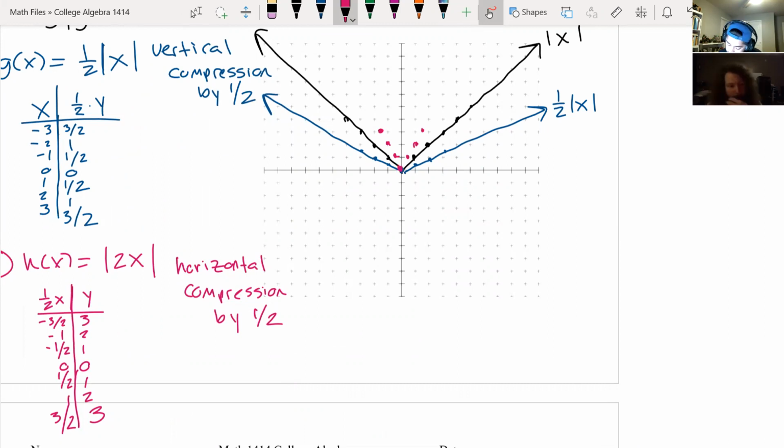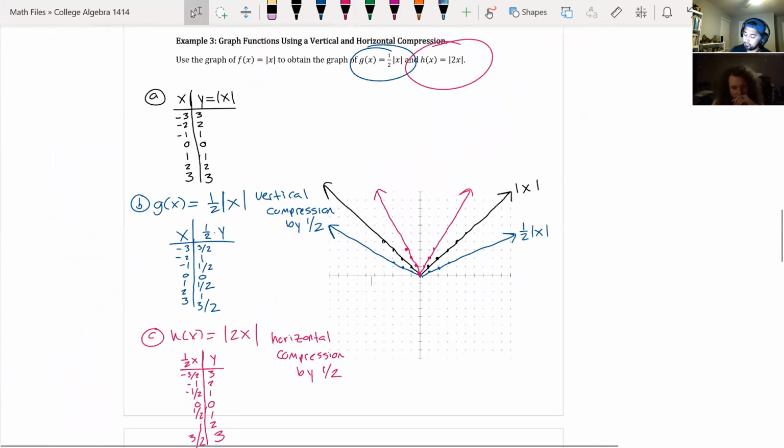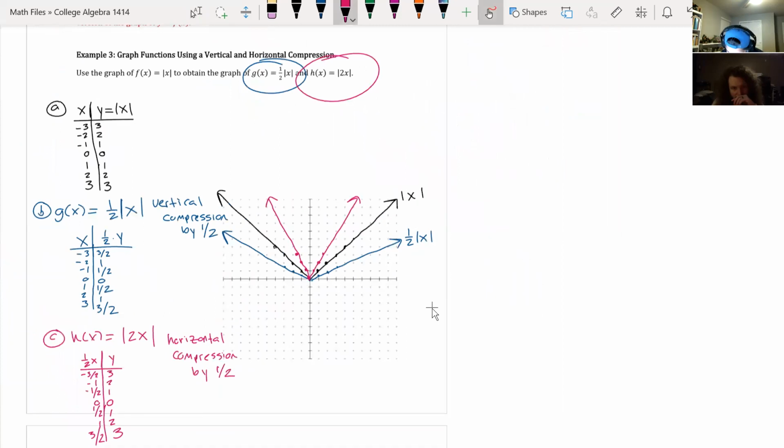So our horizontally stretched absolute value of x looks like this. There we go. And here is the absolute value of 2x.